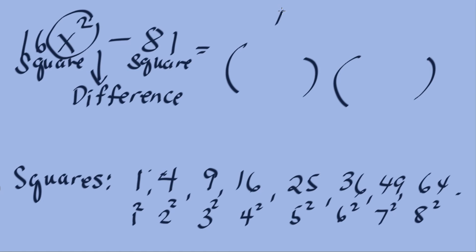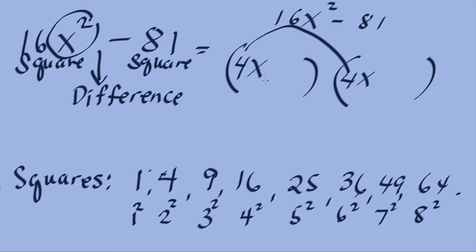So I'm going to go ahead and write 16x squared, because when we factor this difference of squares, it's easier to check the factors for our expression. So 4x and 4x is 16x squared. And for the negative 81, it's just going to be 9 and 9.